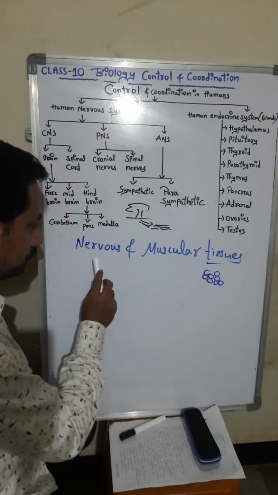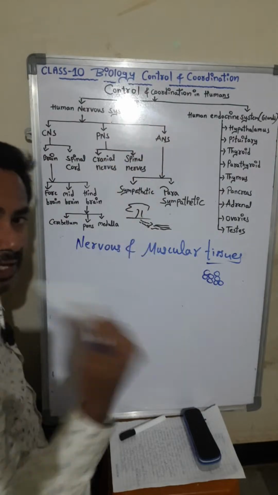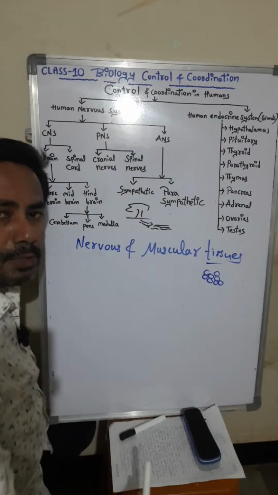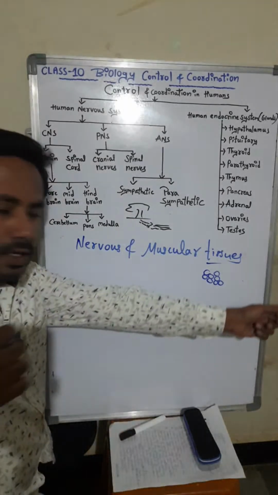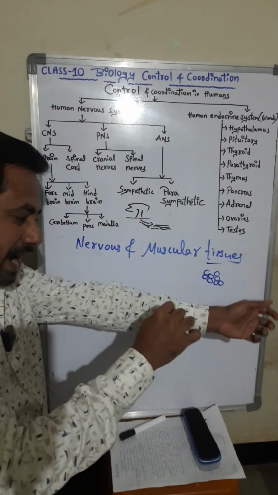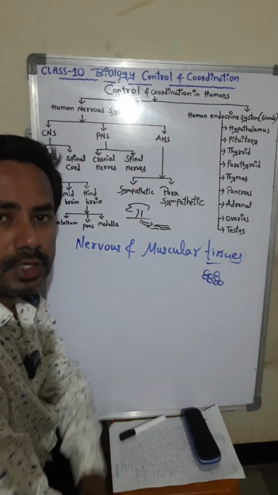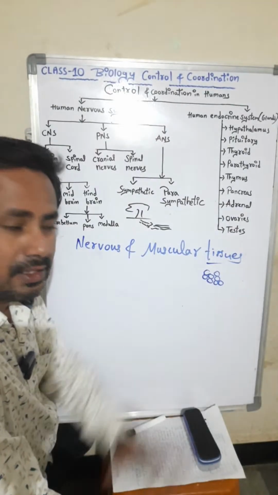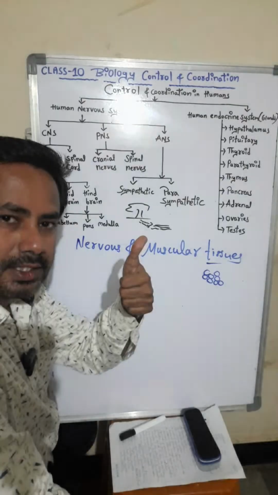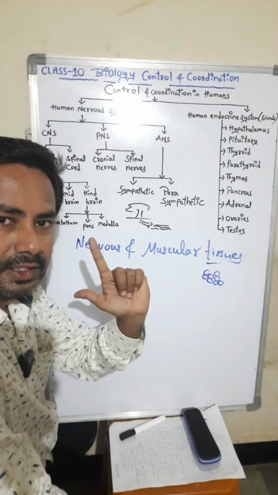Okay. So control and coordination in humans is done by nervous and muscular tissues. See, nerves are there in our body. These nerves are attached to our muscles, students. Raise your thumb. Yes. Forefinger. Okay.